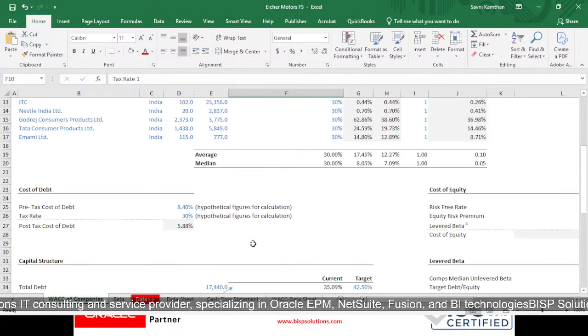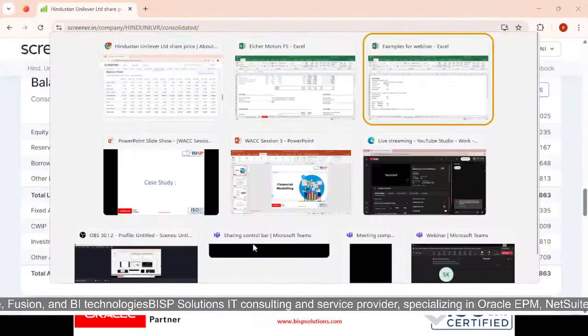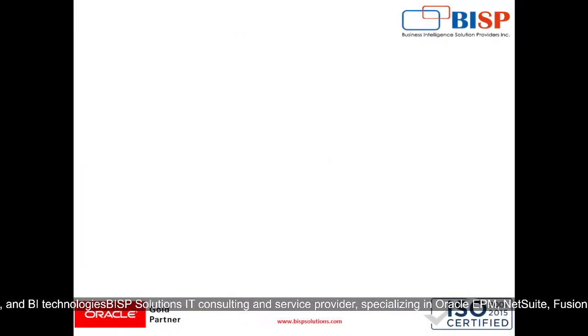So don't get confused in these formulas. In our next session we will be discussing it in detail, so that you will get all the things which might be very confusing for you in today's session, right?